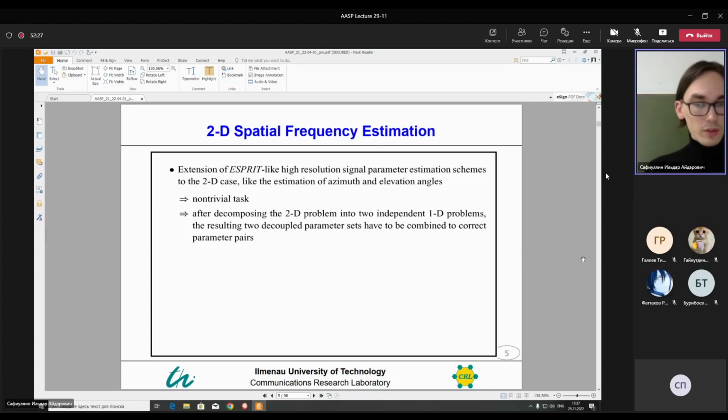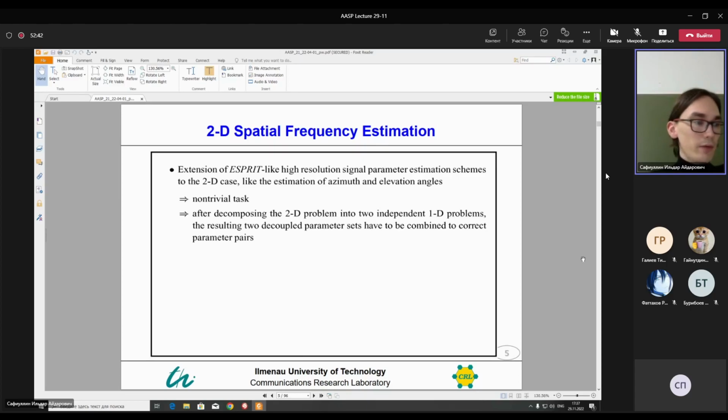We will start with extension for MUSIC first, and then we will go to the 2D case for ESPRIT type algorithms.